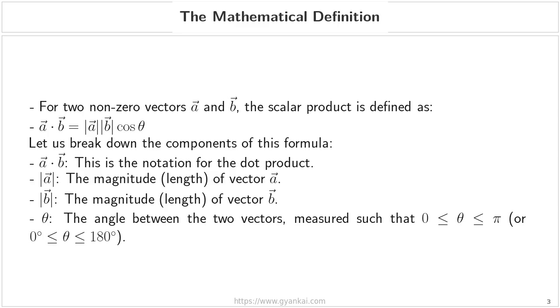This represents the angle between our two vectors. It is important to note that when we calculate this, we measure the angle theta such that it stays within the range of 0 to pi radians, which is the same as saying 0 to 180 degrees. Keep this formula in mind, because in the next slide, we will discuss what happens to this calculation if one of those vectors happens to be a zero vector.